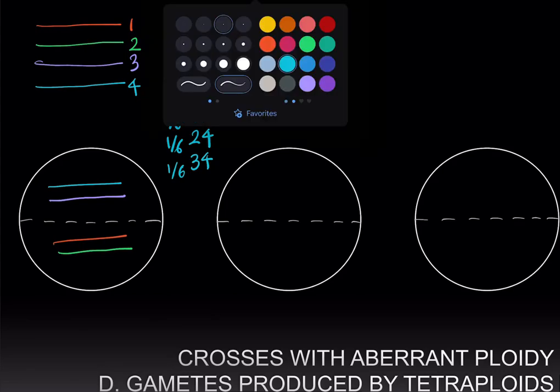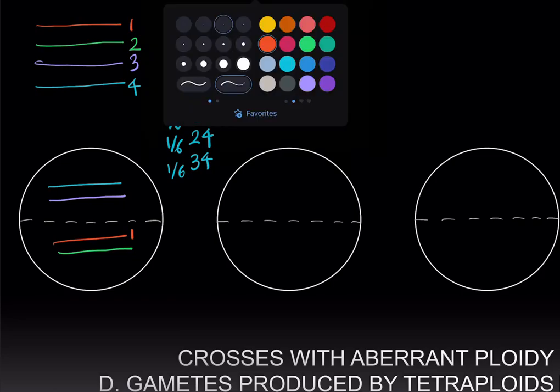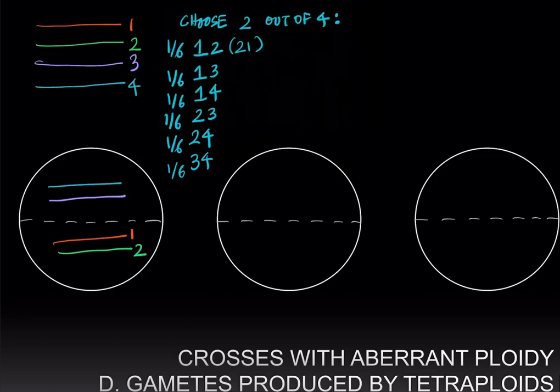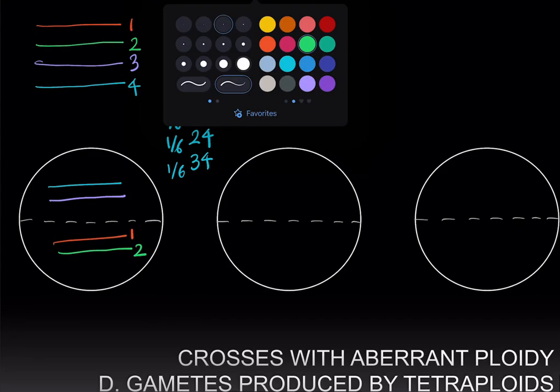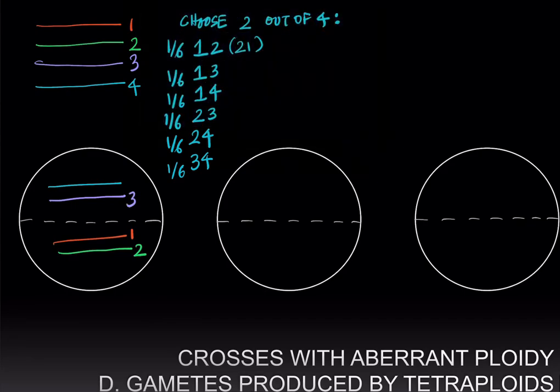And we can draw this out as well. So for instance, here I have 1 and 2 and 3 and 4 as a combination.